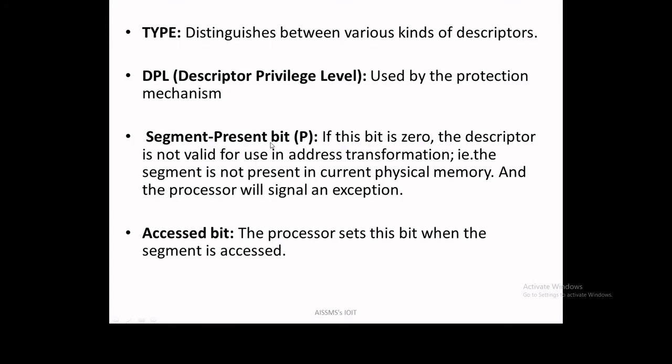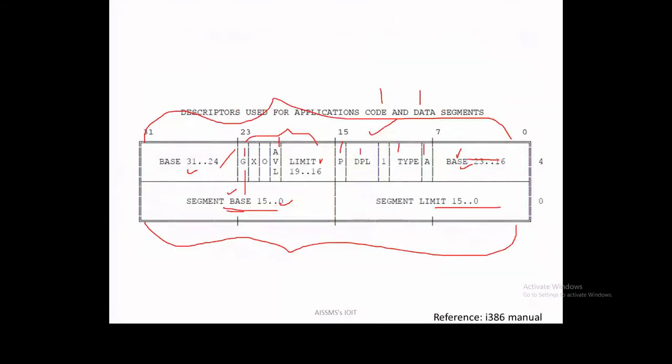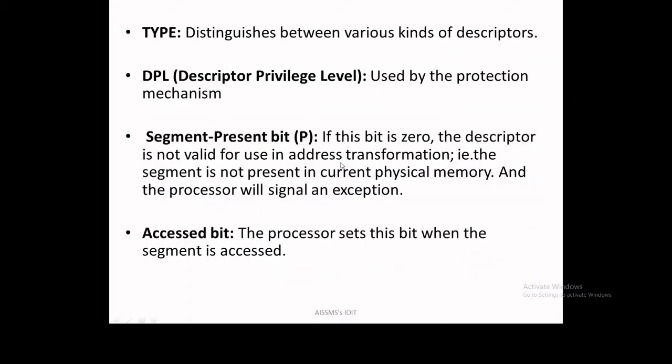The next bit is the segment present bit. Now see, in the diagram I showed you that bit, the P bit. If this present bit is 0, it means that the particular segment area is not currently in the physical memory.